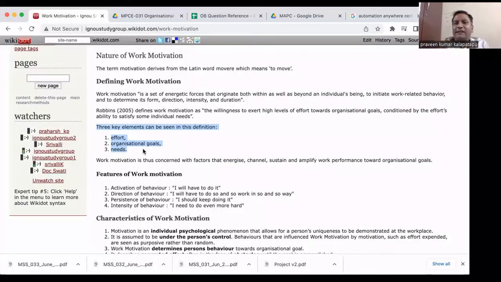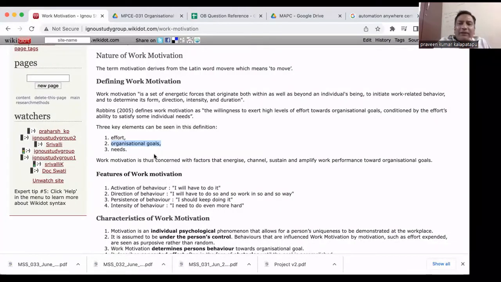What is effort? When you are motivated, your effort really increases, and it is much more conditioned towards the exact direction where you want to go. Where you want to go is the goal, the area in which you are motivated.